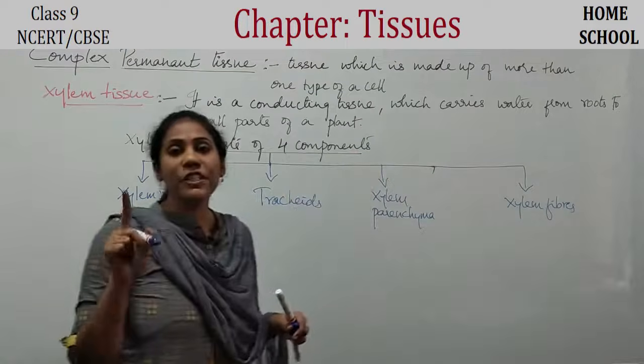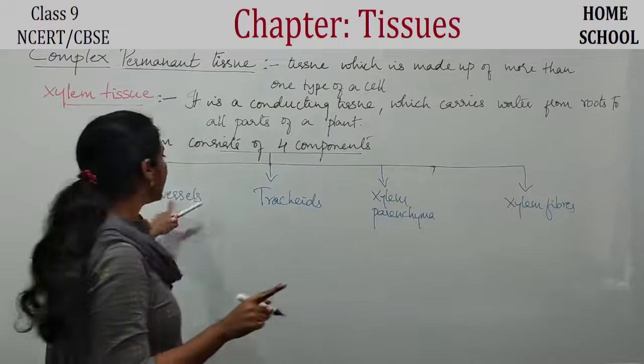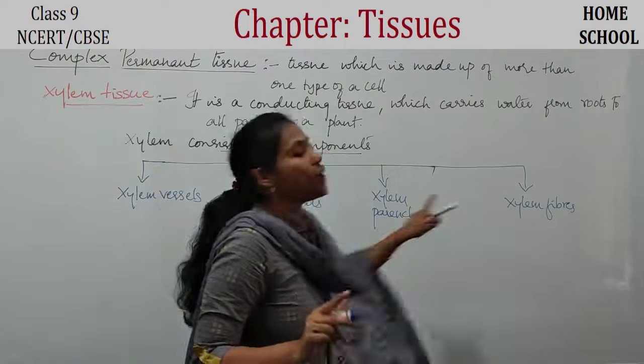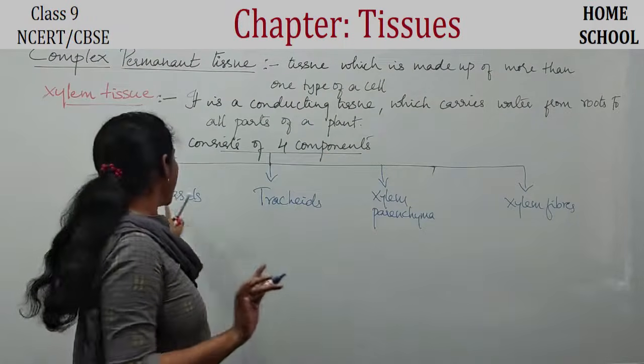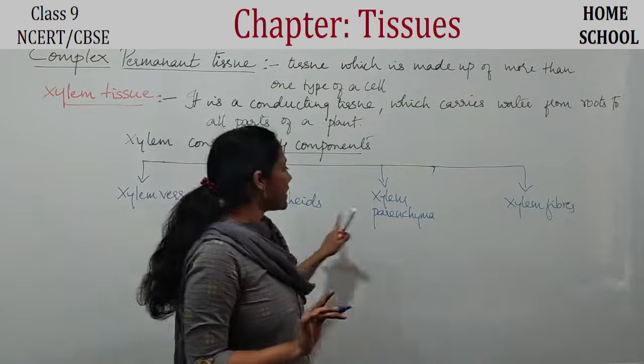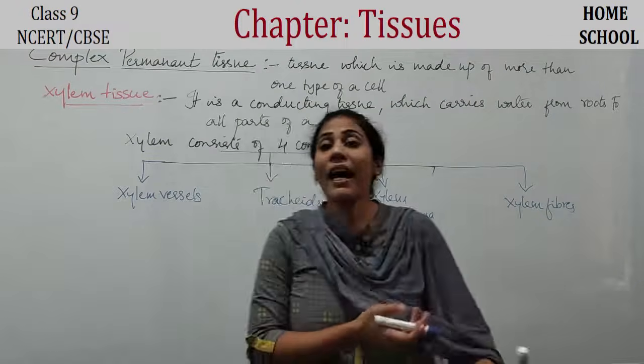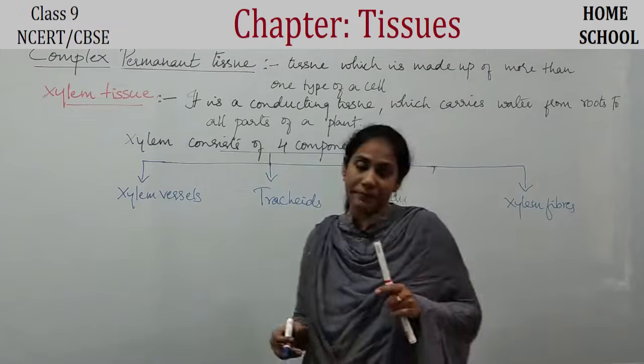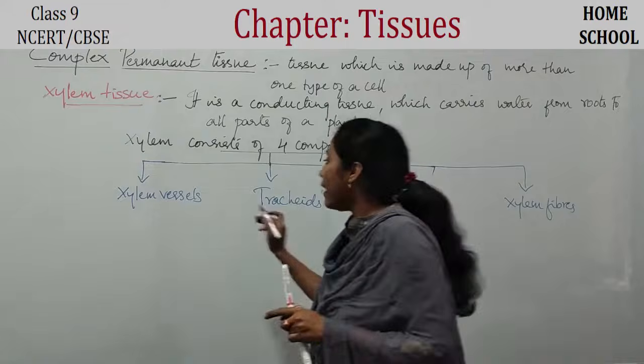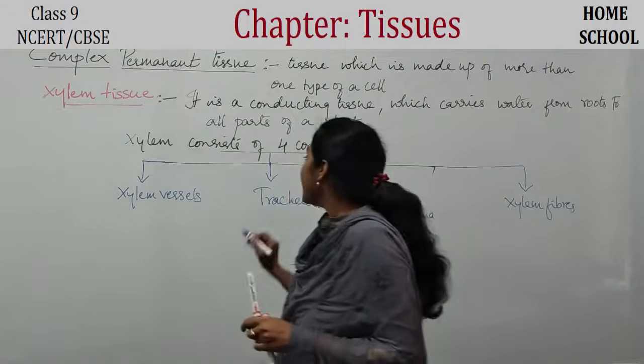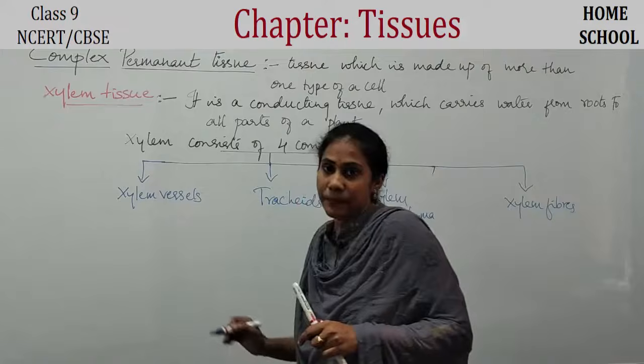So xylem tissue is made up of these four types of cells, guys. First one is vessels, tracheids, xylem parenchyma and xylem fibers. Clear? Now let us talk about the xylem vessels.